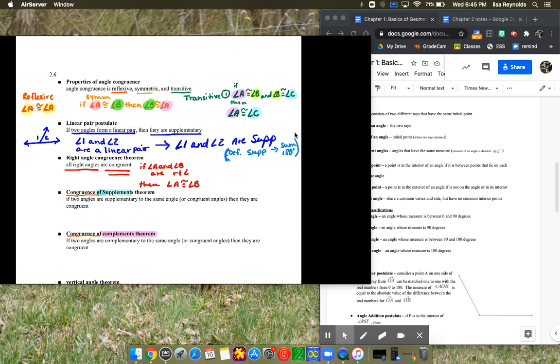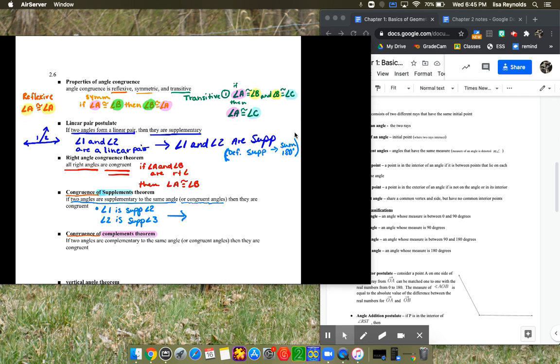So in our congruence of supplements theorem, it says if two angles are supplementary to the same angle, and notice this little side statement, or congruent angles. So I would start out with a pair of supplementary statements. So angle 1 is supplementary to angle 2, and angle 2 is supplementary to angle 3.